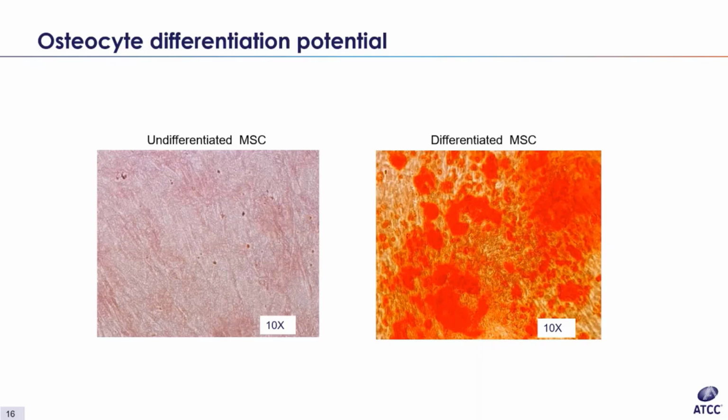We did this for 37 days and stained using alizarin red, which stains bone cells. Undifferentiated MSCs are shown at the left image on day 37, and differentiated stained cells are shown on the right. The red staining indicates the presence of MSCs differentiated into osteocytes.